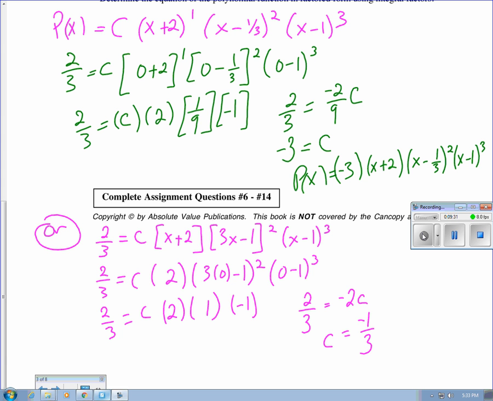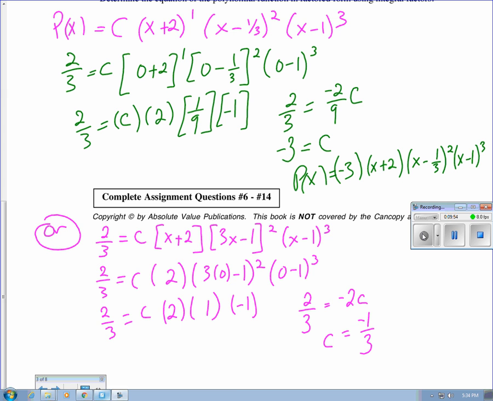I've written the statement with integral factors. That's how the answer needed to be presented with integral factors. So the only thing that had to change was my x minus 1/3 had to become 3x minus 1. My c value is going to change. I have an answer that looks different.